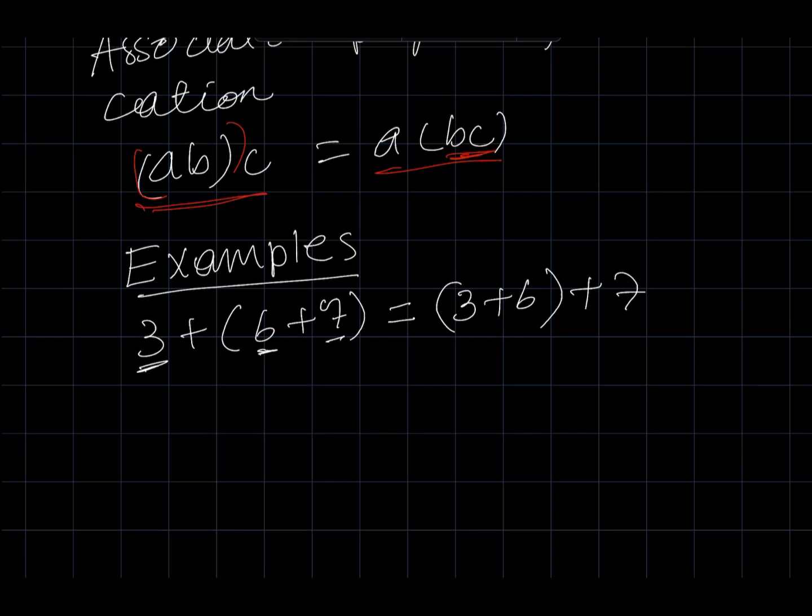Therefore, we didn't have to perform the addition to see that the two expressions are equal. Nothing has changed except the place of the parentheses. If we add both, in the first one I have 3 plus the sum of 6 plus 7, because I start from the parentheses, which is 13.